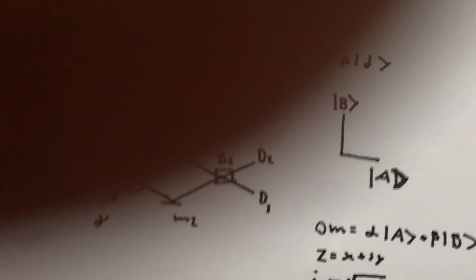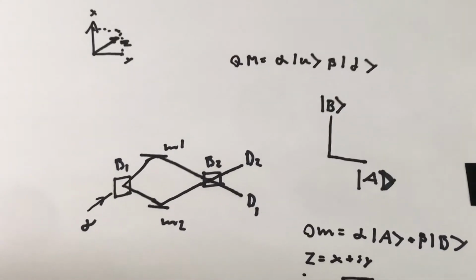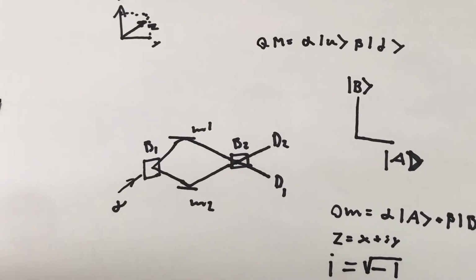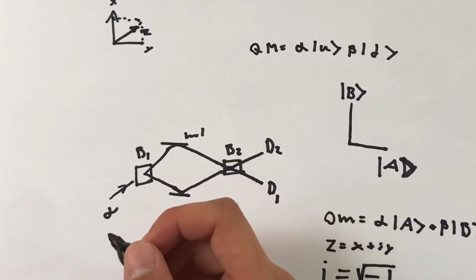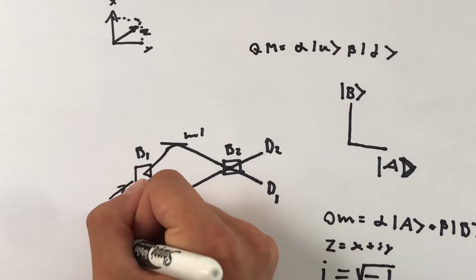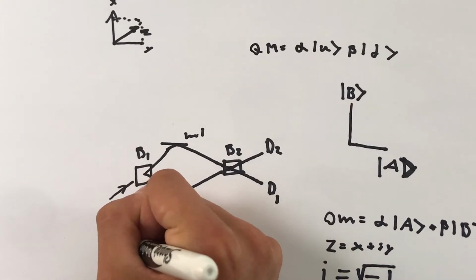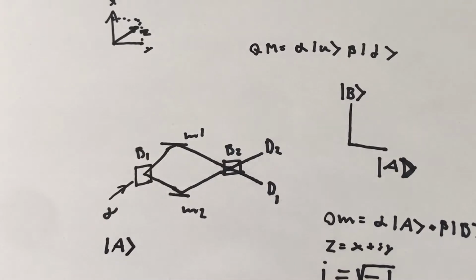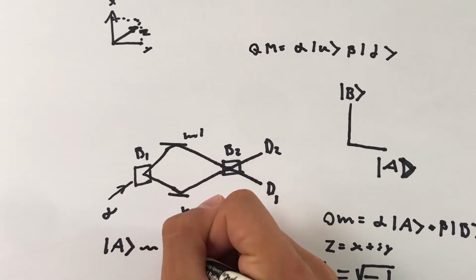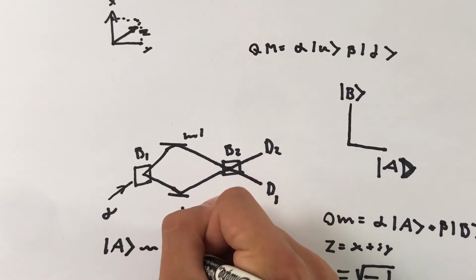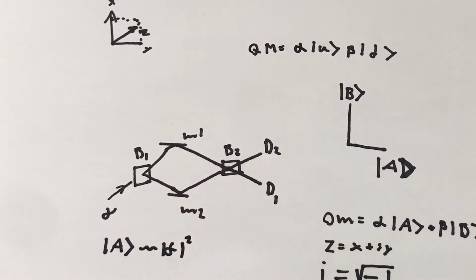If you were to measure it, you will have a probability for A that is proportional to the norm of alpha squared.